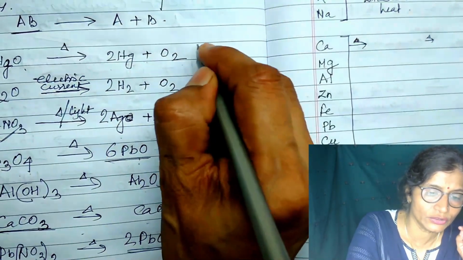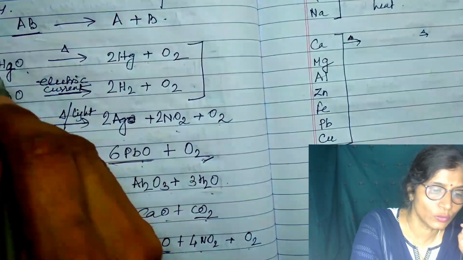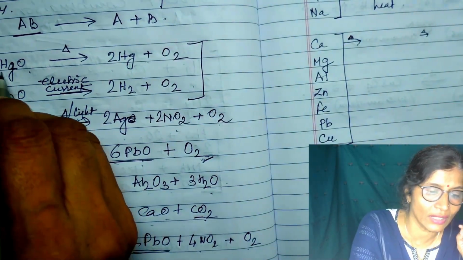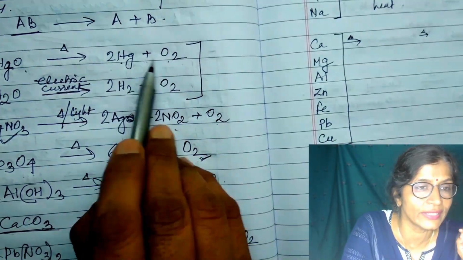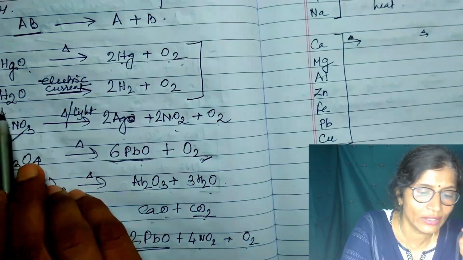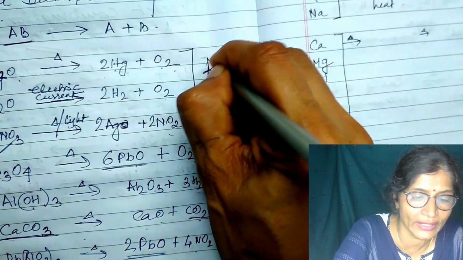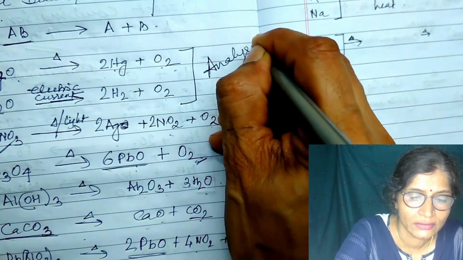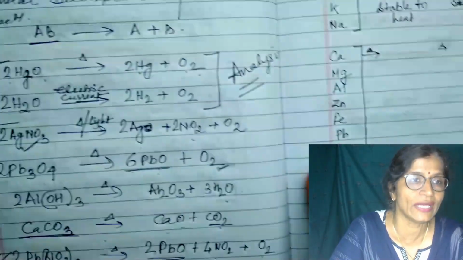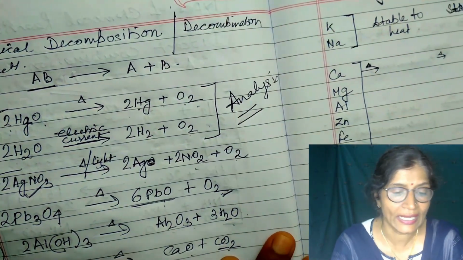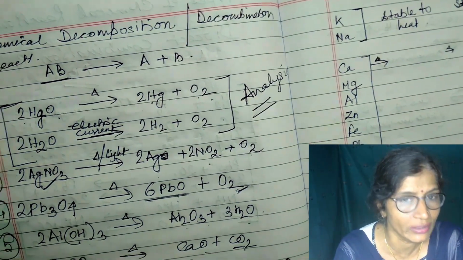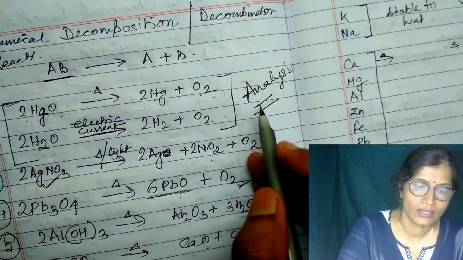These examples show that a compound decomposes and gives you two elements. Here one compound gives you two elements, and this type of reaction is known as analysis, because this is used to analyze the elements present within a given compound. So this is analysis.